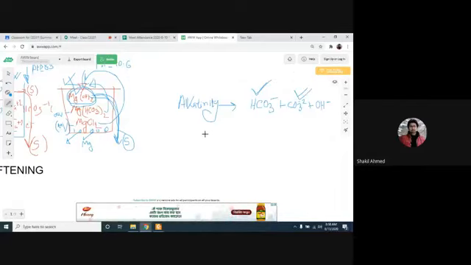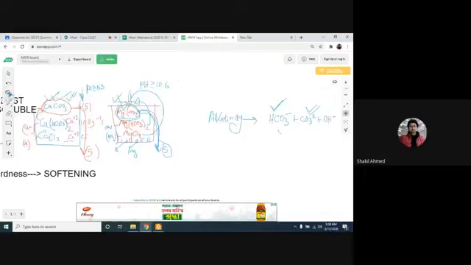Now, what's your objective? Your objective is to get this. You already have calcium in your water. You also have bicarbonate and carbonate. So use them to get calcium carbonate, and then your job is done.